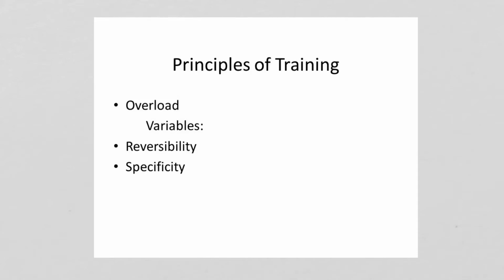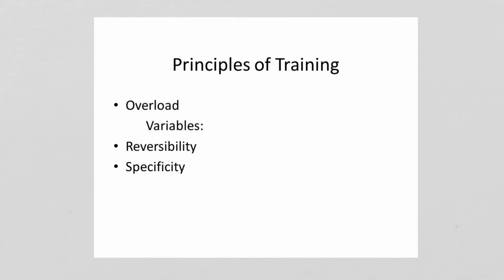The variables that help define overload are intensity, duration, and frequency. The intensity of exercise is the percentage of your effort. Switching to running, you can run at 50% VO2 max, or 60%, or 80%, and the intensity at which you run will dictate the overload.